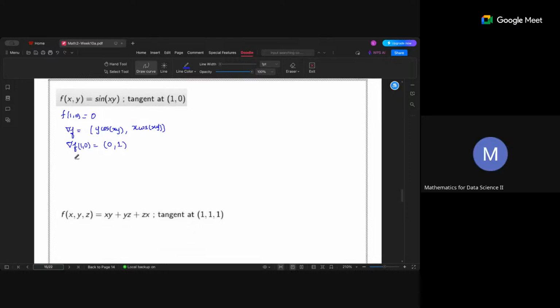Okay. So the next step is del f at 1 comma 0 dot product with (x minus 1, y), which is 0 plus y. So now what is your tangent plane then? You have y minus w is equal to 0. That's all.